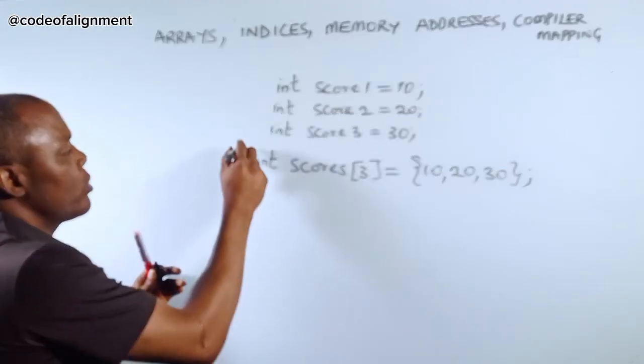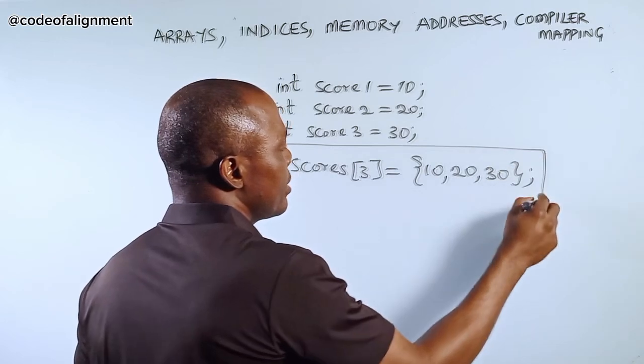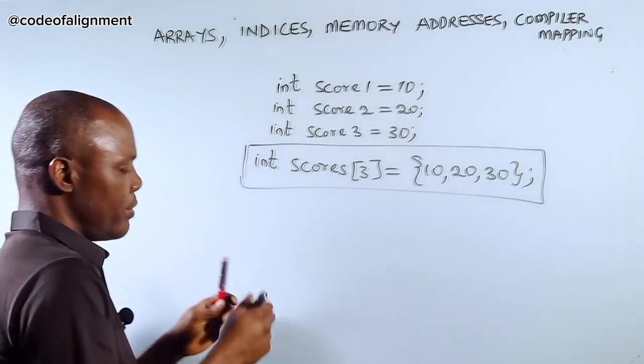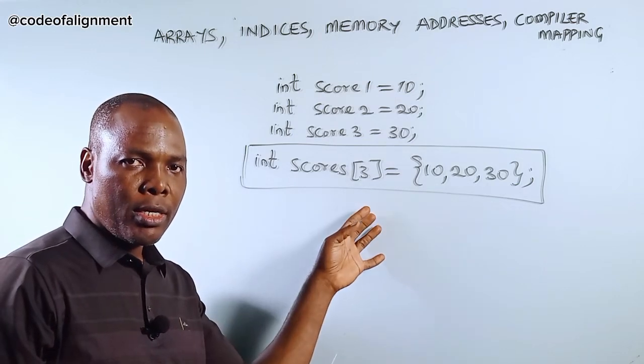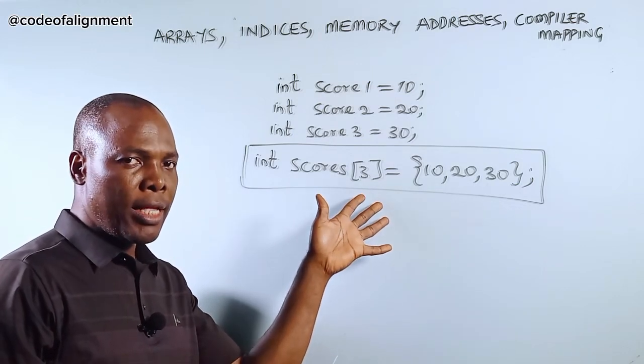We can write it this way. So this is a proper array definition. Writing it this way will make the program very easy to write and to understand, right?